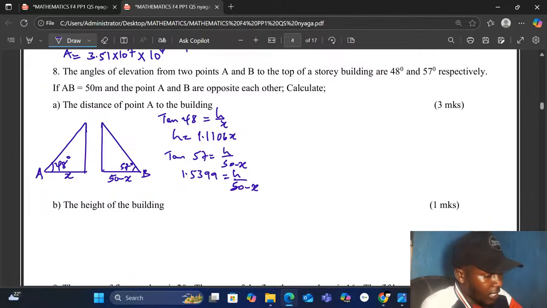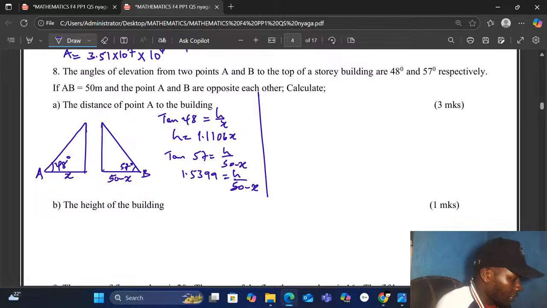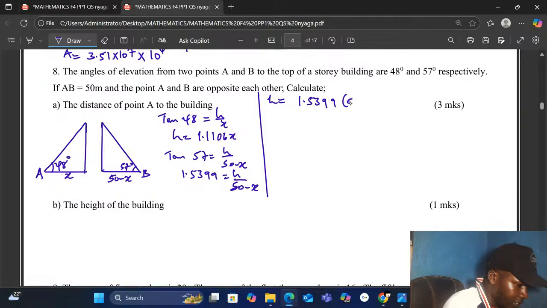So the height will be equal to 1.5399 times 50 minus x.